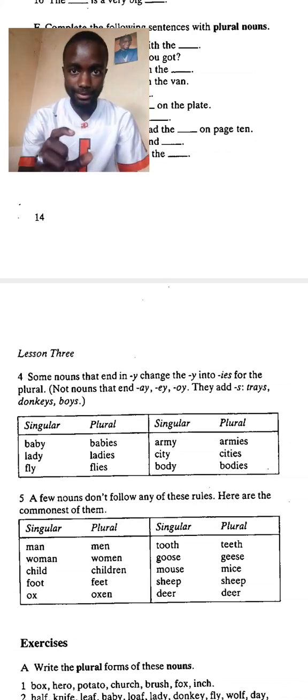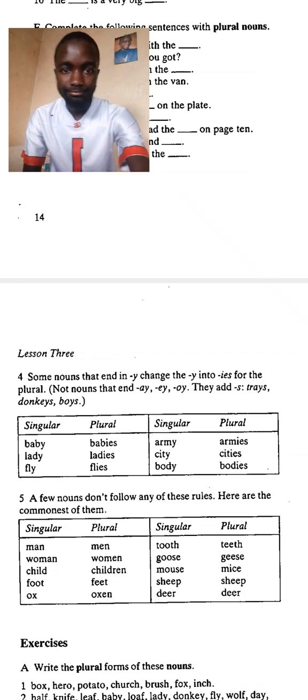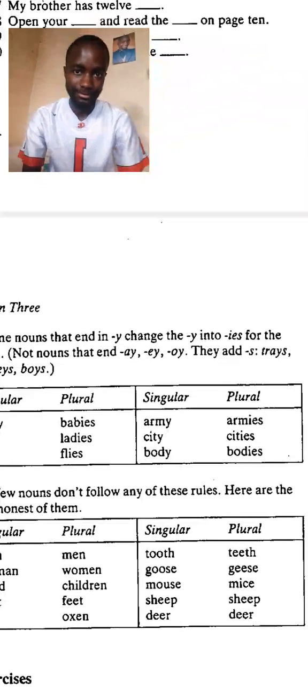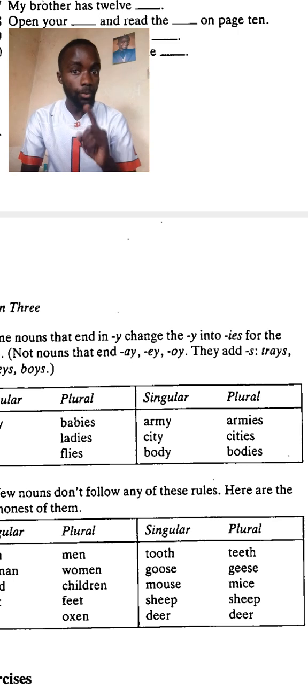So there's a vowel letter before the Y. Okay? As in tray. We say trays. We add only S. The reason is because before the Y, there is A.